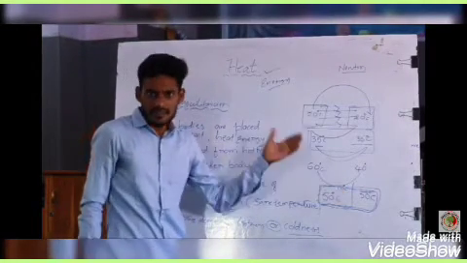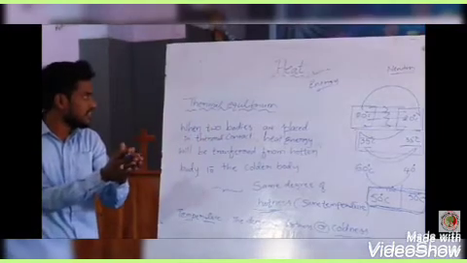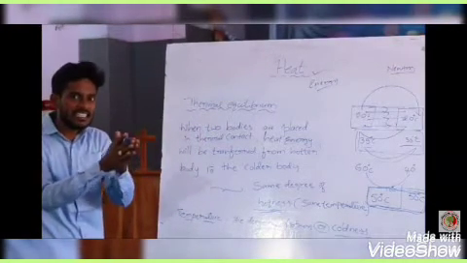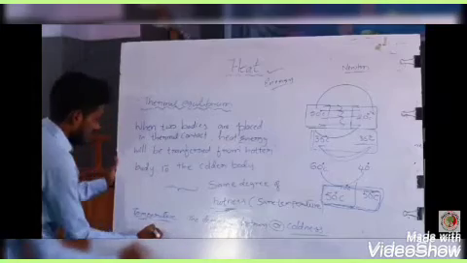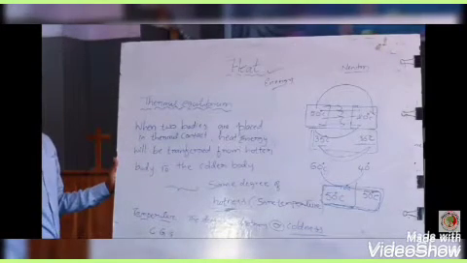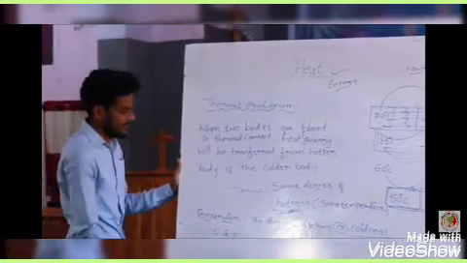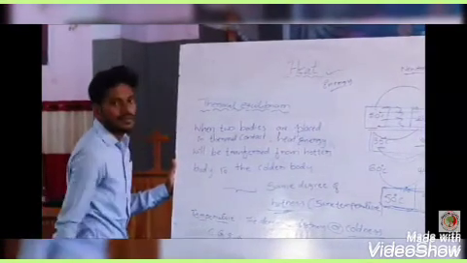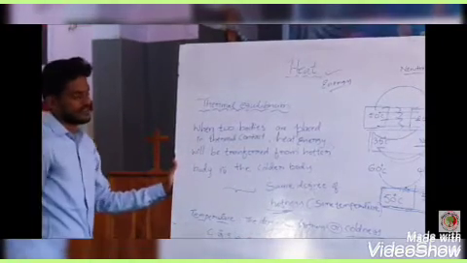Got it? Yes. Coming to the definition: when two bodies are placed in thermal contact, heat energy flows from the hotter body to the colder body. The Celsius unit is degree Celsius, which is indicated like this.